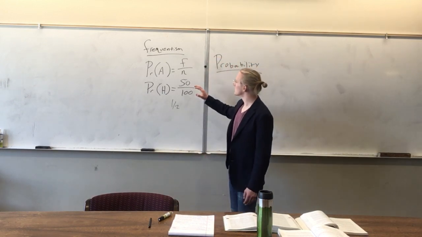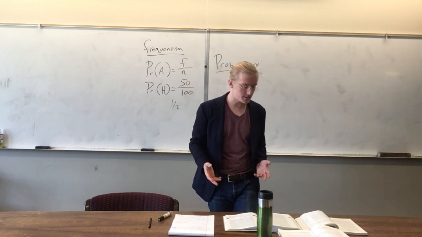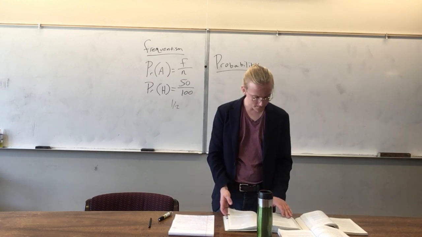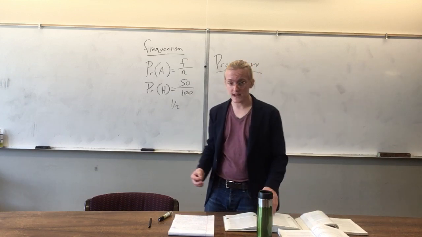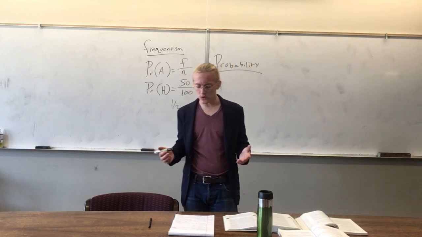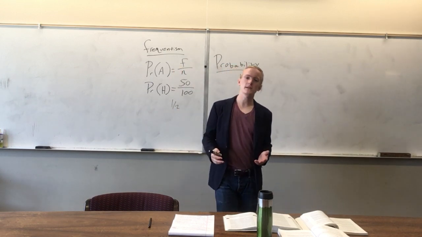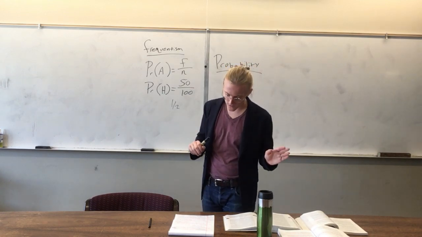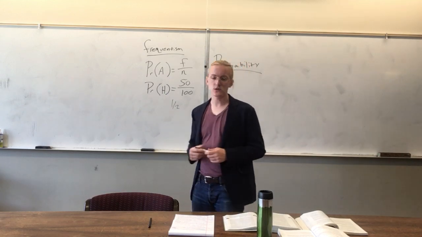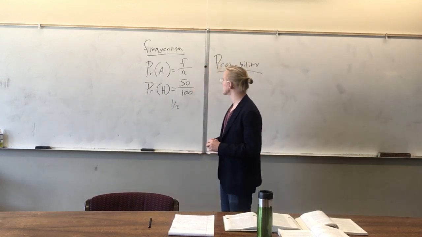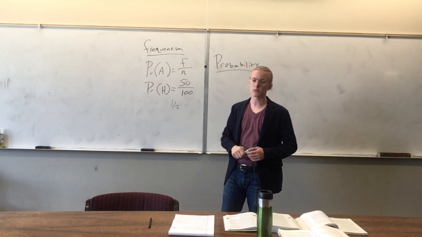Now, the frequentist view has some shortcomings. And this is described in your book. It's section 11.1. And it happens on page 587. And these shortcomings are that this version or this interpretation of what a probability is requires two assumptions. So first, we have to assume that we're able to take all of the outcomes into account in measuring a probability. So I have to be able to take into account every single number of n's that's occurring if I want an accurate probability.